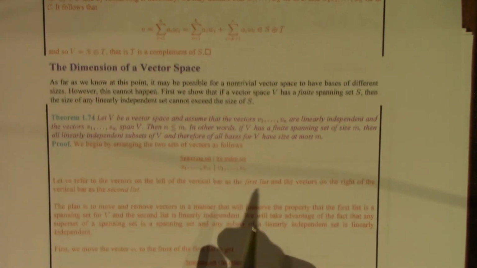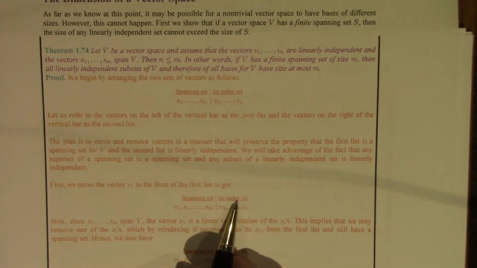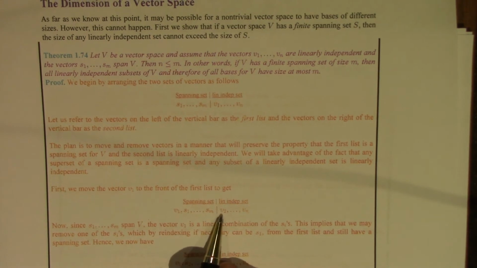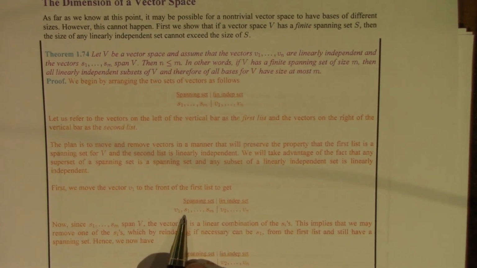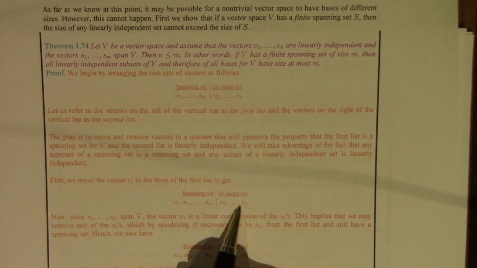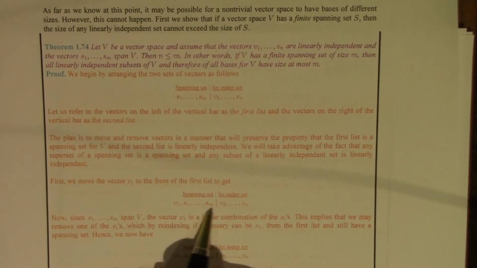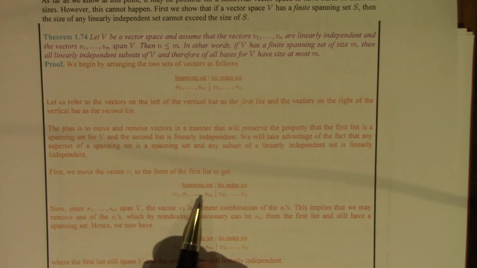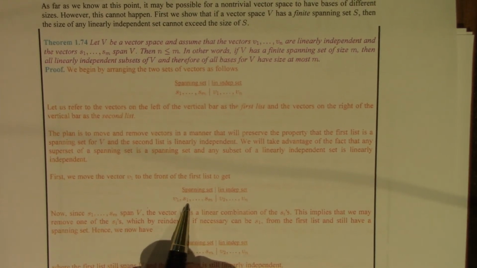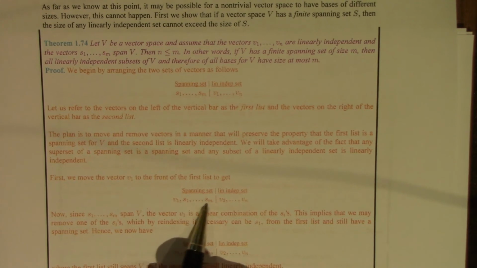So here's how it goes. Take V1 and move it to the front of the spanning list, the first list. Still independent over here. Over here, the V1 is a linear combination of the S's.